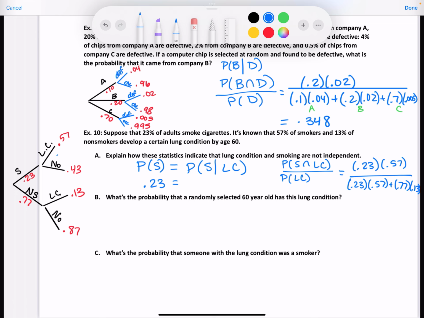So 0.23 times 0.57 is 0.1311, divided by, plus 0.77 times 0.13, which gives 0.2312. 0.1311 divided by that is 0.57. So that one happened to be literally the same thing. So that's 0.57 then. Those are not equal, so it is not independent.